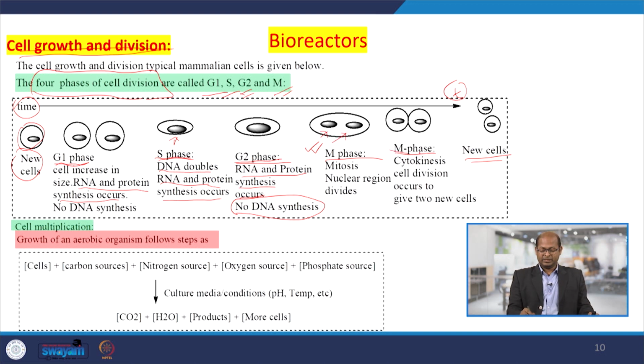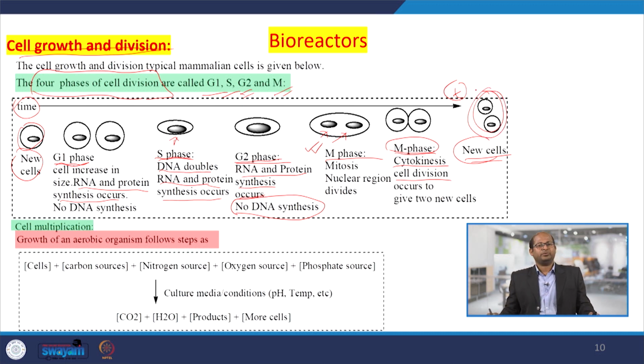After that, in the second part of M phase, cytokinesis, cell division, takes place and two new cells form. This is the way in bioreactors, when we take new cells and supply nutrients, that cell division and new cell growth take place.